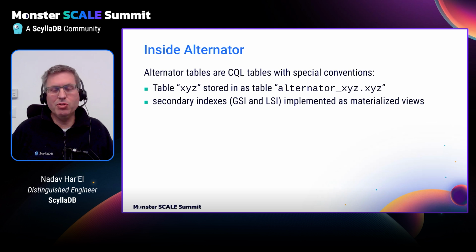This is a CQL concept. So if you store a table called XYZ, it's stored in a keyspace called Alternator_XYZ, and the table is XYZ. Secondary indexes, GSIs and LSIs in DynamoDB lingo, are implemented as materialized views in ScyllaDB. So it's basically the same feature.